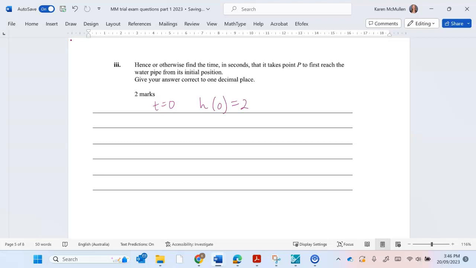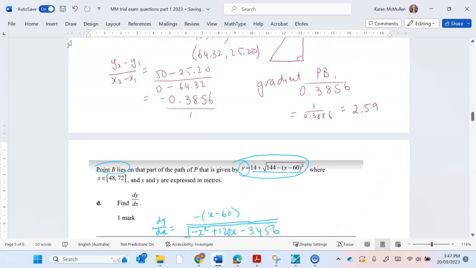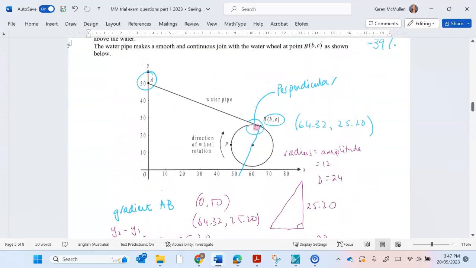And what is its height? We want to know, it needs to get to point B, which has a height of 25.20.